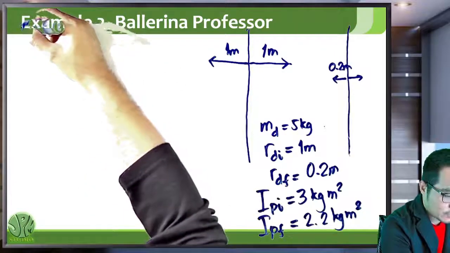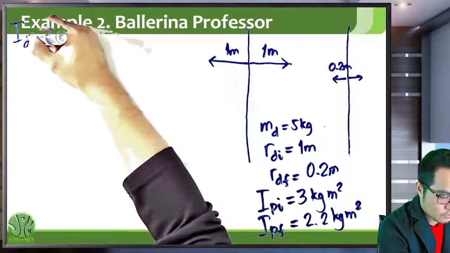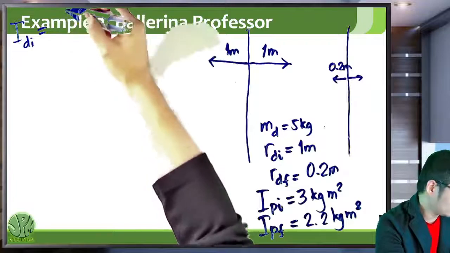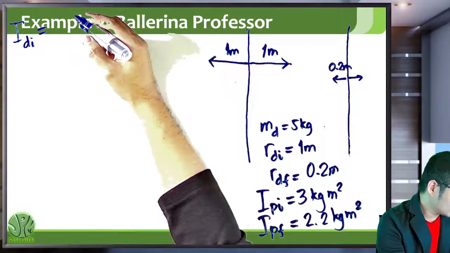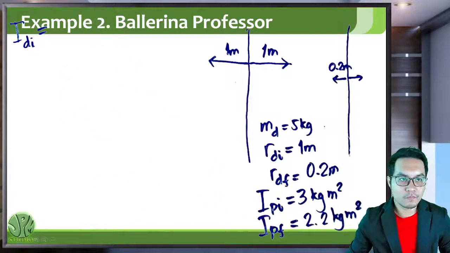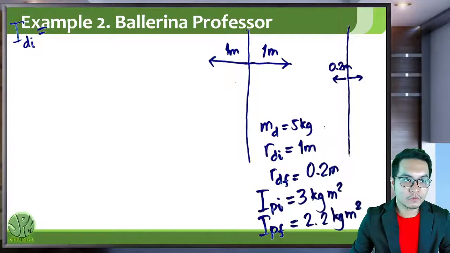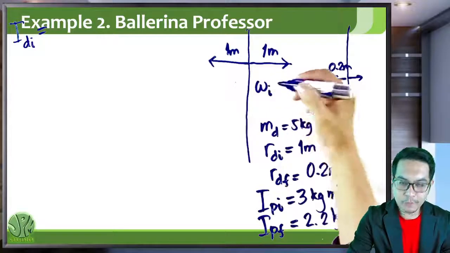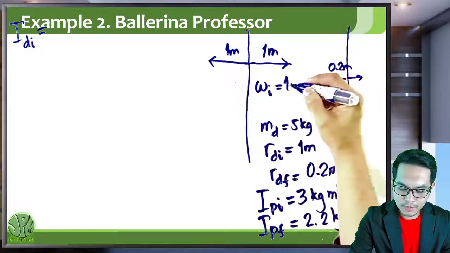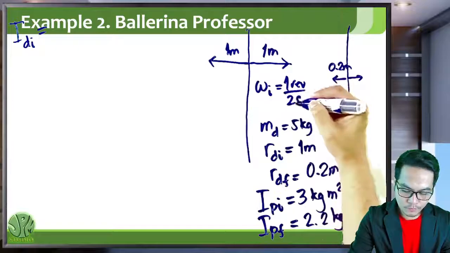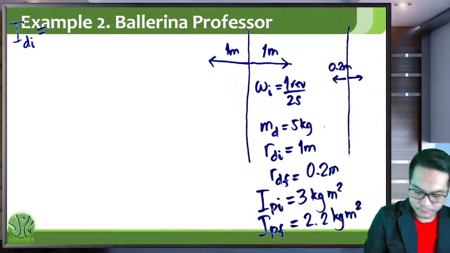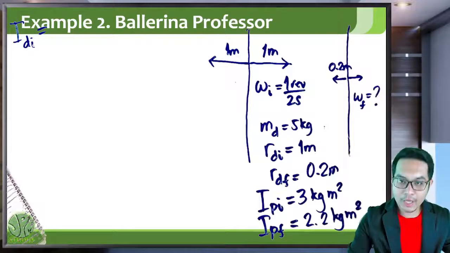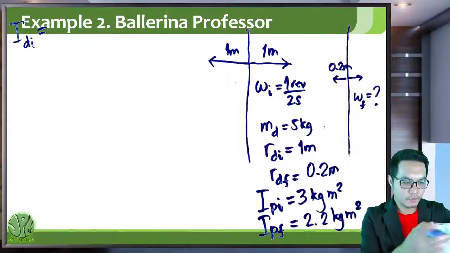So the moment of inertia of the dumbbells will be m R i squared. Sorry, I forgot to mention the initial angular velocity of the professor and the dumbbells is 1 revolution in 2 seconds. And of course, we are asked to find the final angular velocity.